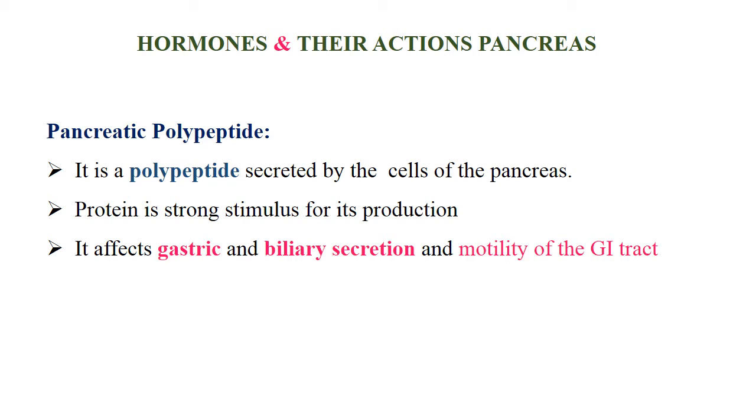It is produced by the PP cells in the presence of protein, which becomes the strong stimulus for its production, and it also affects gastric and biliary secretion, and regulates the motility of the gastrointestinal tract, the movement of the bolus in the gastrointestinal tract, which is controlled by the pancreatic polypeptide.